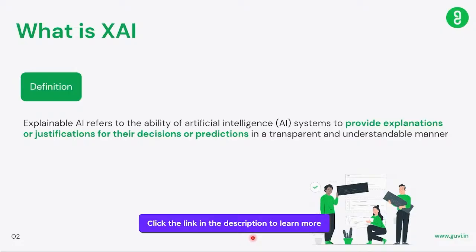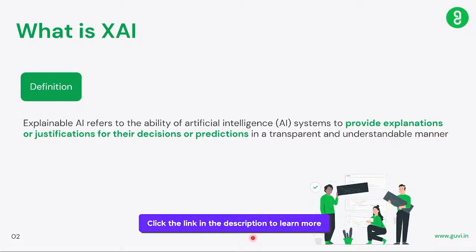Imagine you're a doctor relying on an AI system for diagnosing medical conditions, or a financial analyst using AI for risk assessment, or even a passenger in a self-driving car. In each of these scenarios, the ability to understand why the AI made a particular decision or prediction is paramount. It not only instills confidence in the AI's capabilities, but also allows humans to intervene or correct errors when necessary.